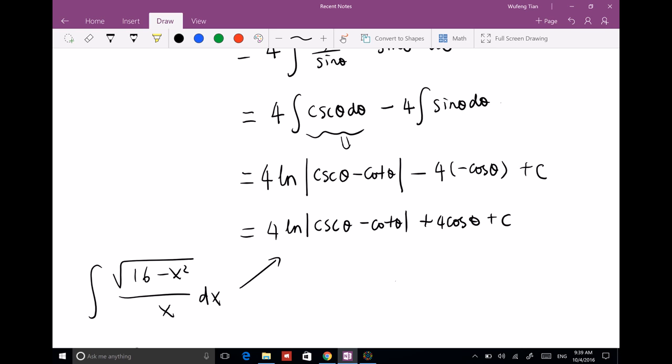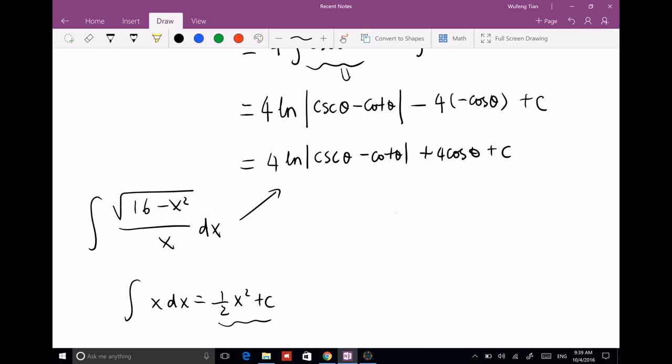We want a function of x. When you do any derivative of x, and then you give me a theta, what's that? Right? So at some point I have to put this theta back into x. Okay? So how am I going to do that? This is the second important thing of the trigonometric substitution. If it is a definite integral, you will be fine.